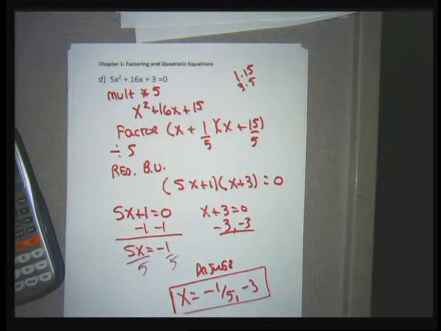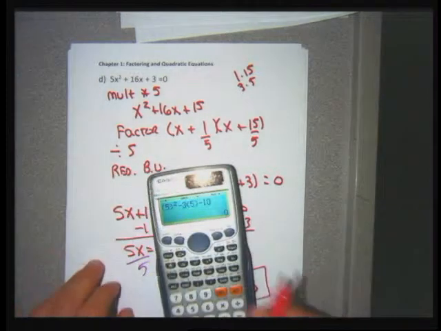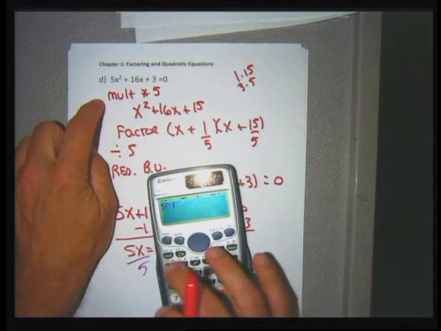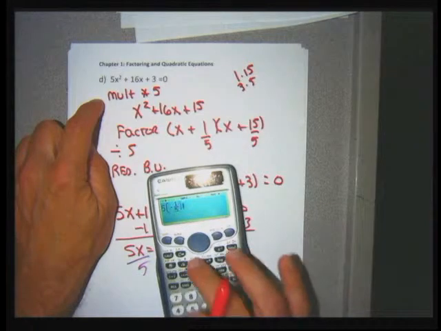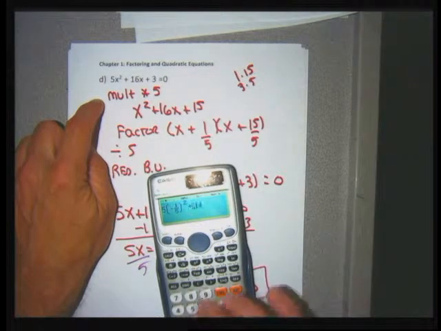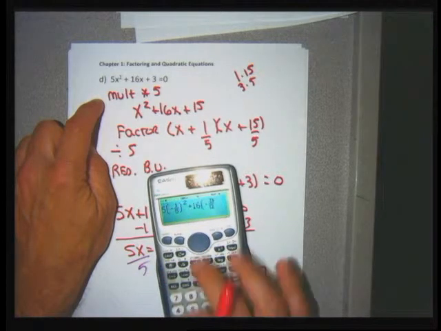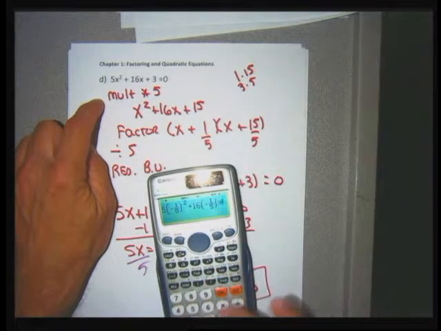I could check it. It's not terribly hard to check. It's a little harder to check a negative fraction than not. But I'll check the negative 1/5 without writing down the check. This is how you check it. You'd go 5 parentheses negative fraction 1/5 parentheses squared plus 16 parentheses negative fraction 1/5 parentheses plus 3.